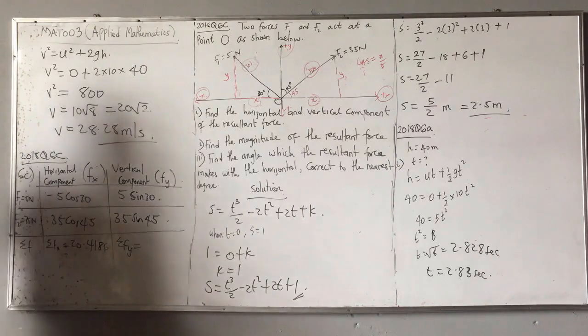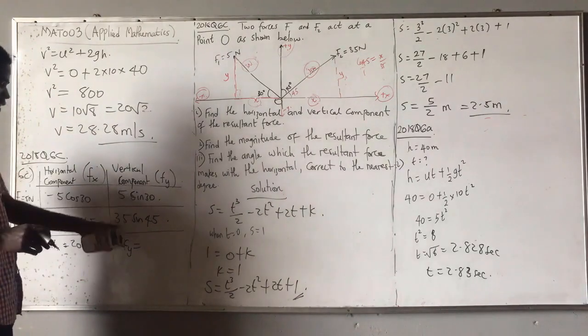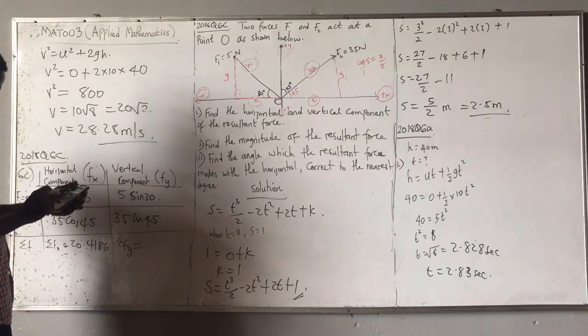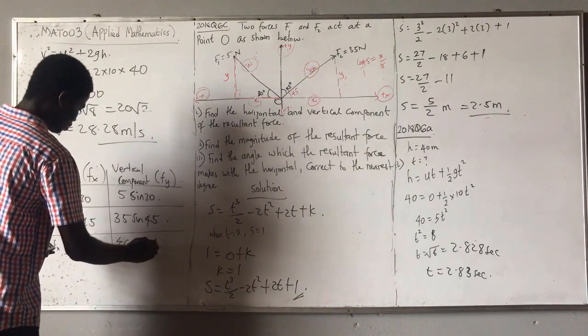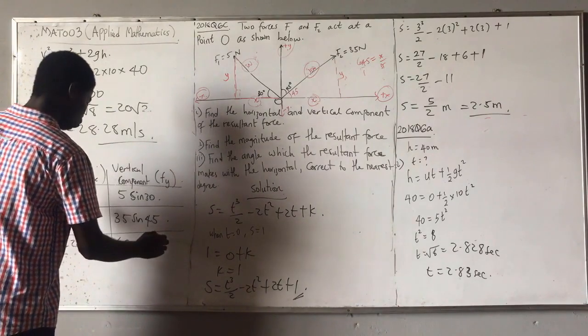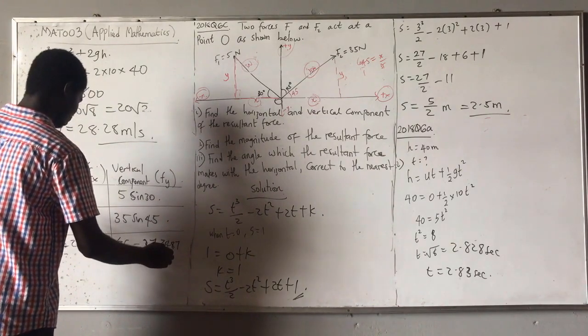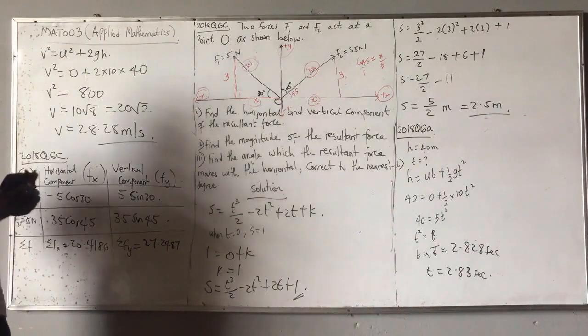Let's leave our answer in 4 decimal places. Then for this one, I have 5 sine 30 plus 35 sine 45. The answer is 27.2487.